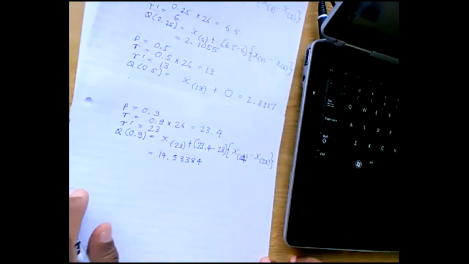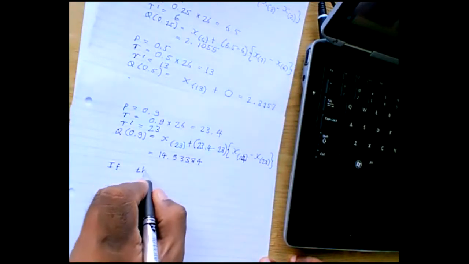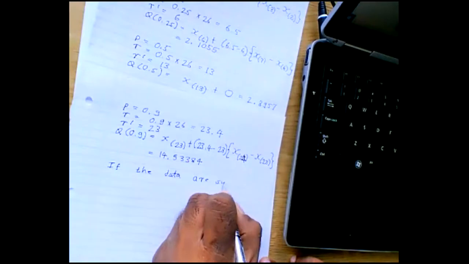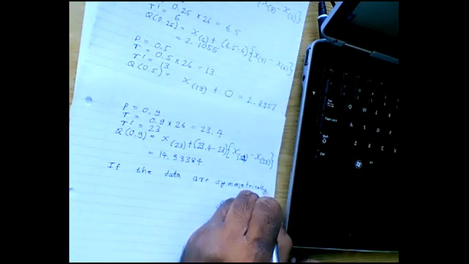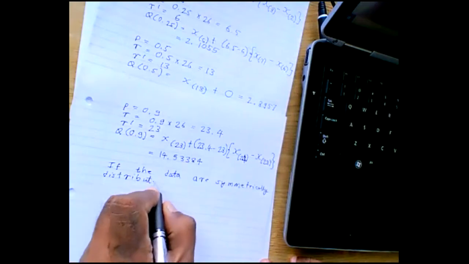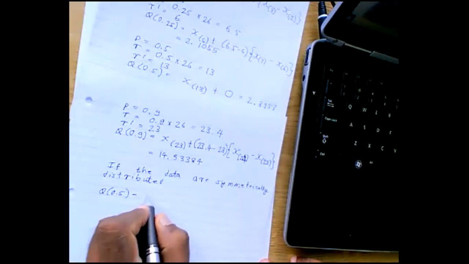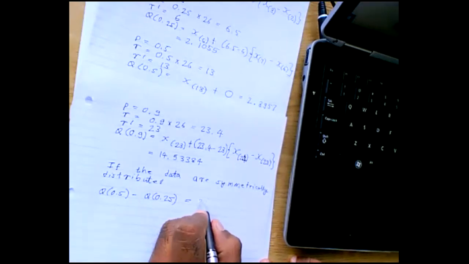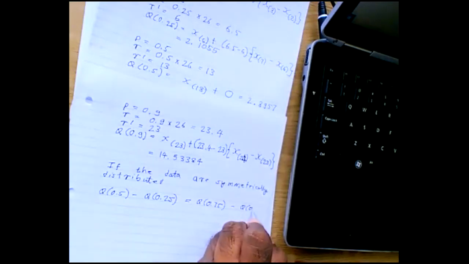All right. There's also a question about whether the data is symmetric. Okay. If the data are symmetrically distributed, right, you would expect the distance between the median and the first quartile to be approximately equal to the distance between the third quartile and the median.